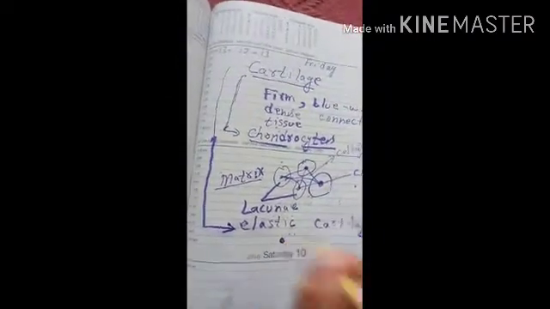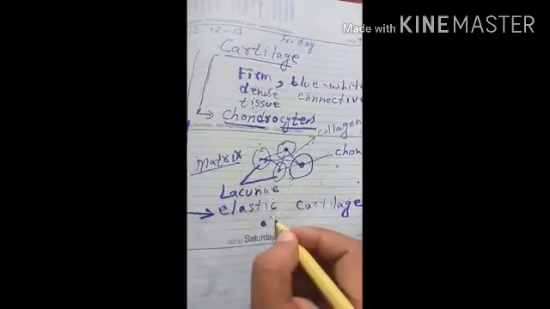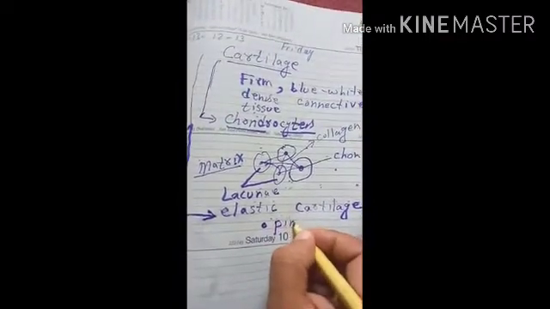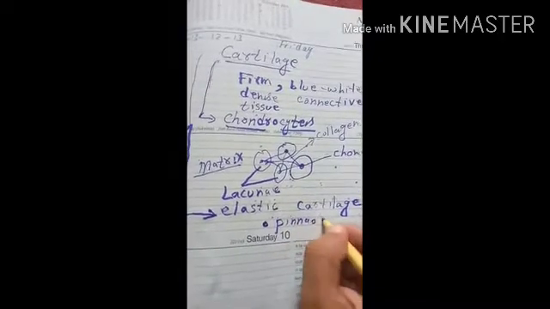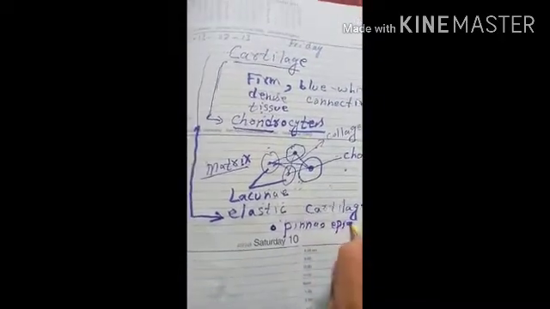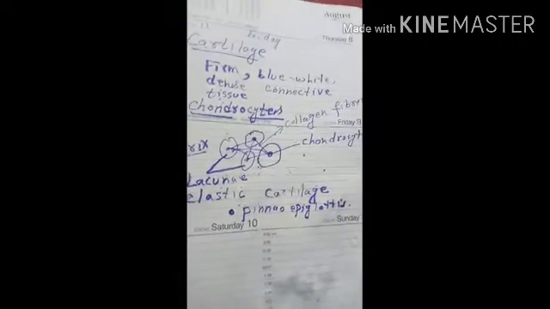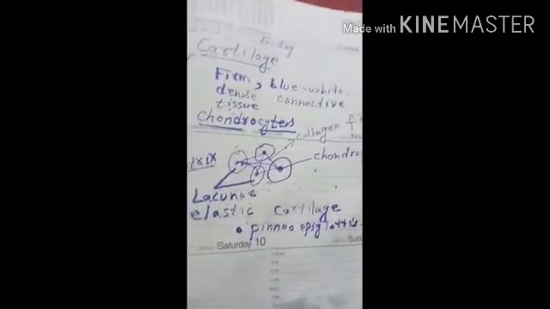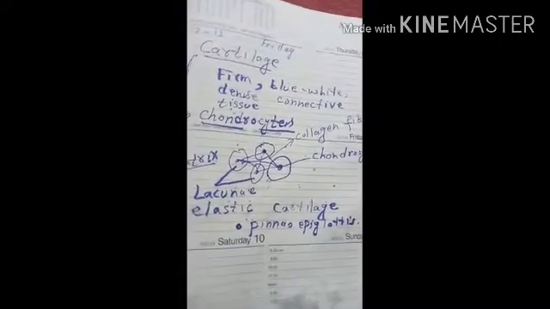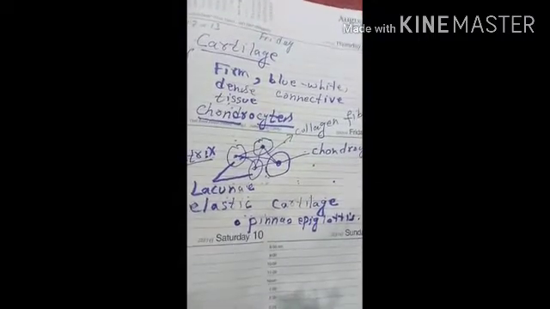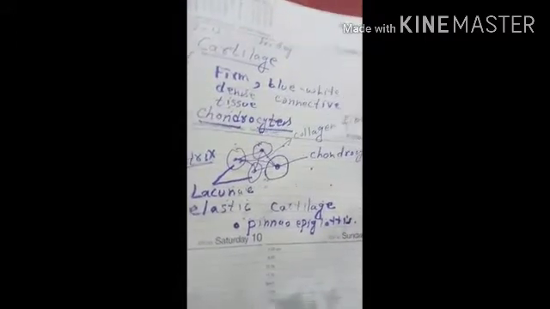Elastic cartilage is present in the pinna, epiglottis, and other such flexible parts. Pinna is the external ear, the outer part of the ear which we can move, touch, and some animals can move on their own like the donkey.